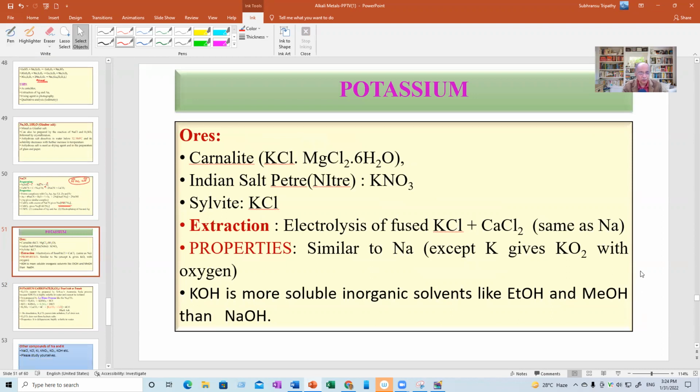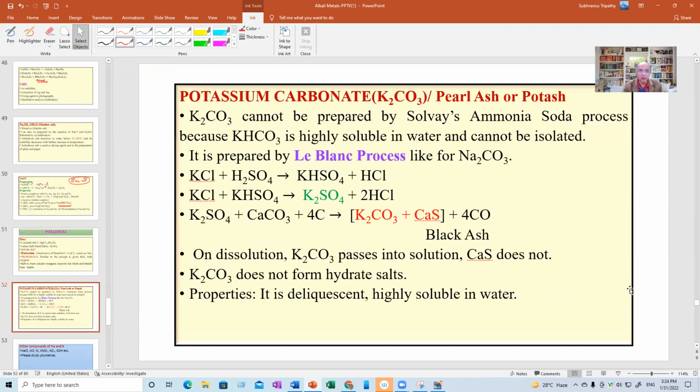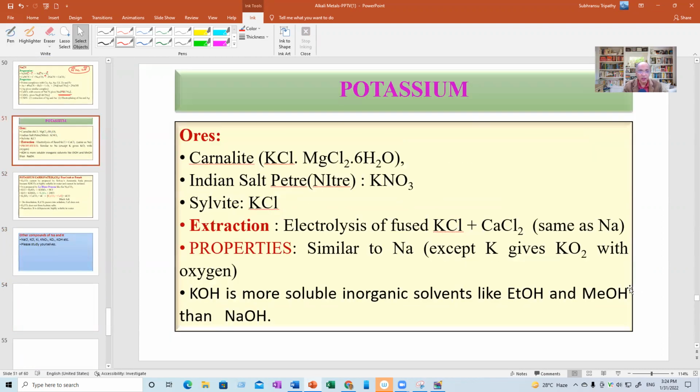Now, potassium, we are left with this, that is all. Potassium is similar to sodium in all its behavior. The ores are different: carnallite, Indian saltpeter called niter, and sylvite, KCl.